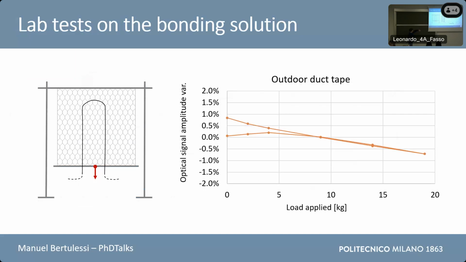Here you can see one of these experiments in which we take a square sample of this geomat and attach it to these 3 steel frames, and by exerting in-plane loads, stretching this sample, we verify that the optical fiber can properly detect the linear behavior in the deformation of this element.